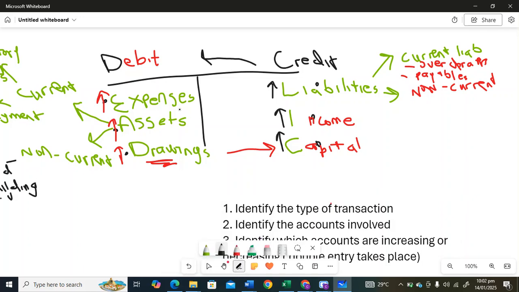Yes. And bank is an asset. So a decrease in an asset, you credit. Then rent is an expense. Expenses, remember, when they're incurred, you debit. So you debit rent expense and you credit bank.